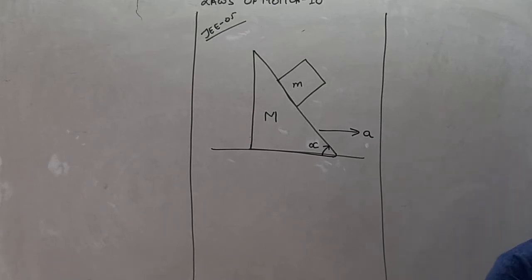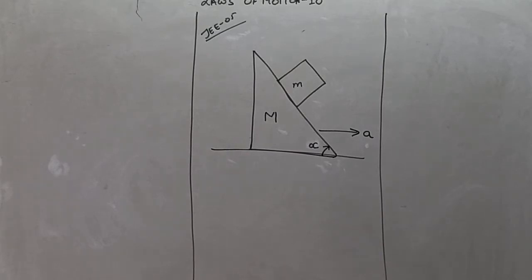The inclined plane is given an acceleration A to keep the block stationary. Then A is equal to, A means acceleration.